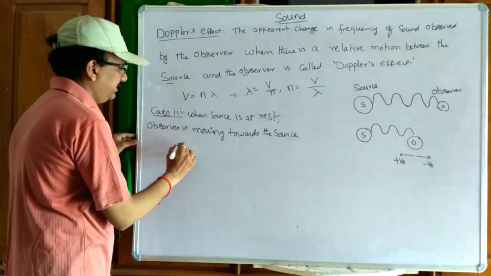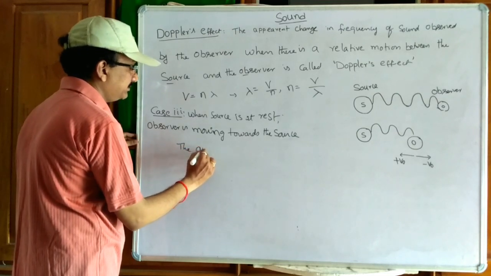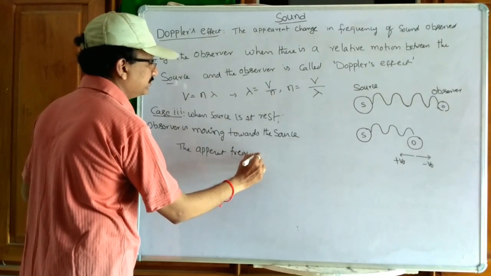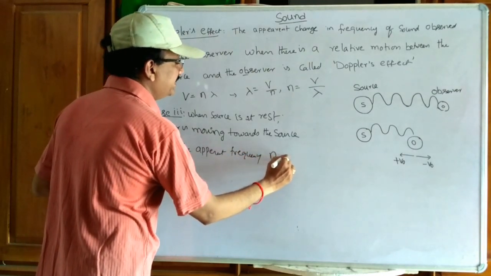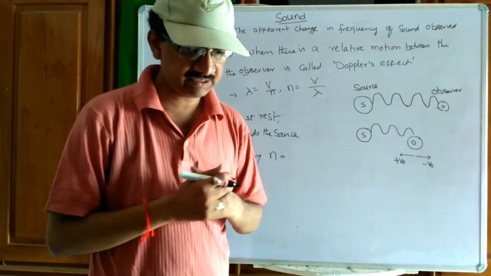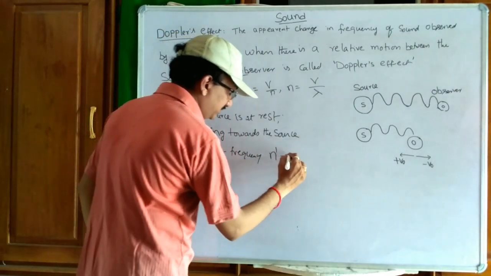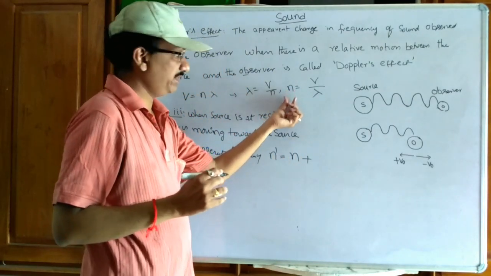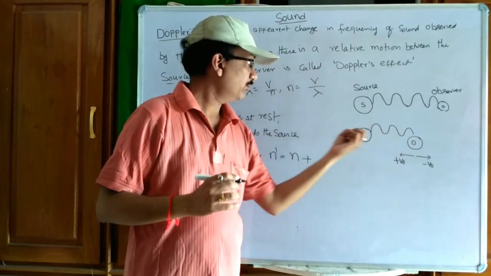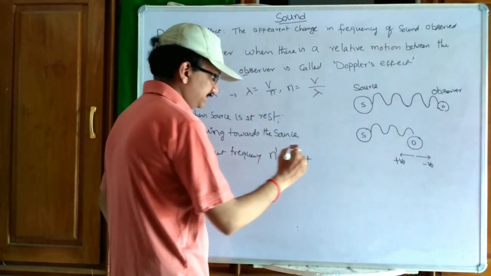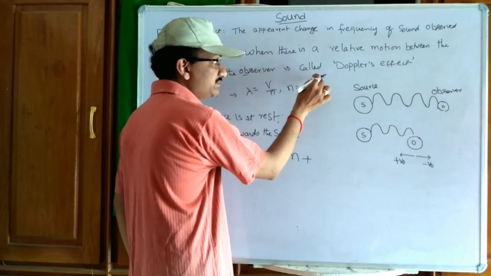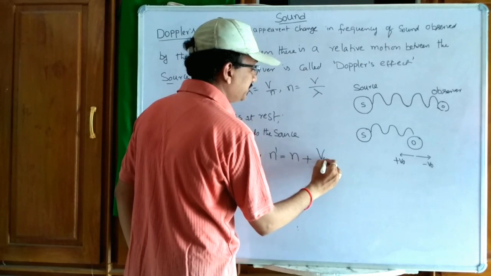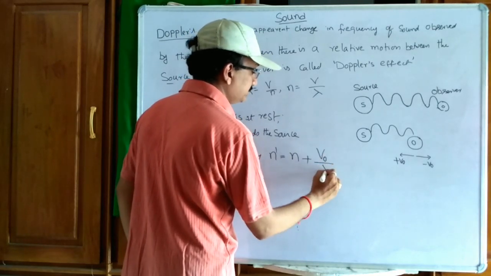For that, the apparent frequency N dash is equal to N plus N, because he was receiving more waves. This is taken as V means here the velocity of sound in air, but due to motion of observer, this V will be converted into V naught by lambda.